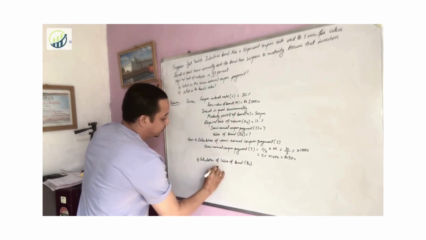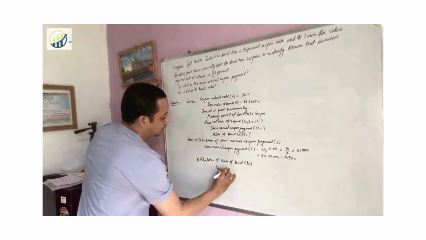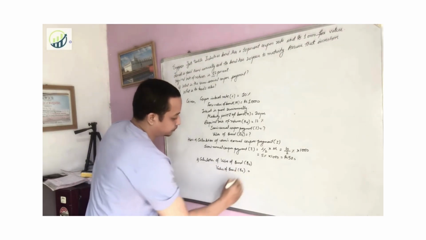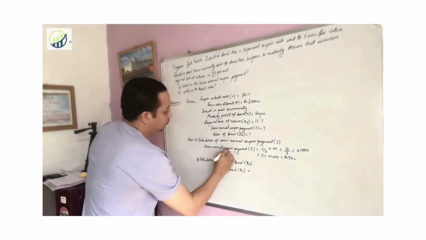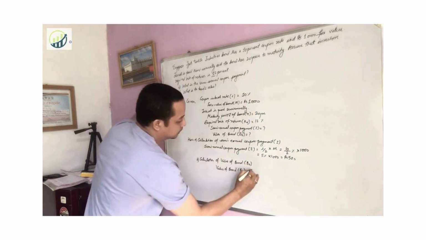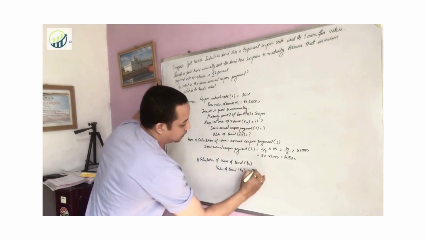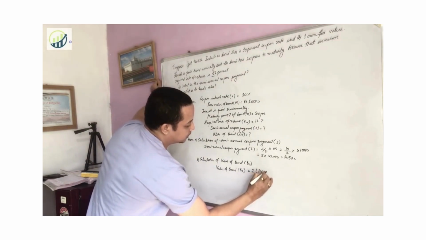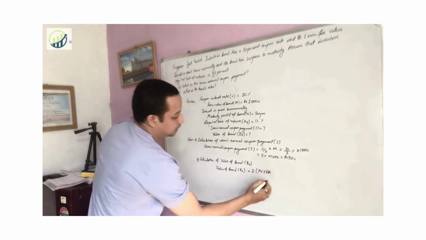Value of bond B0 equals semi-annual coupon interest payment I into present value interest factor annuity.